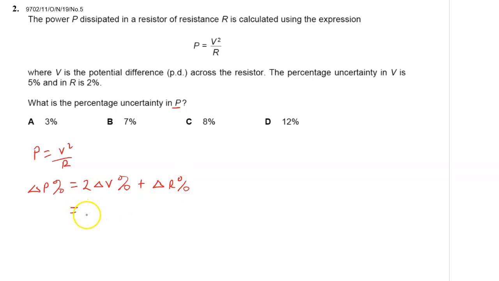If you're given absolute uncertainties, then of course you have to find the percentage uncertainty first to do the addition. So the percentage uncertainty of V is 5, so it will be 2 times 5, plus the percentage uncertainty of R, which is 2. Therefore, this will be 10 plus 2, giving us 12%. And the right answer here is D.